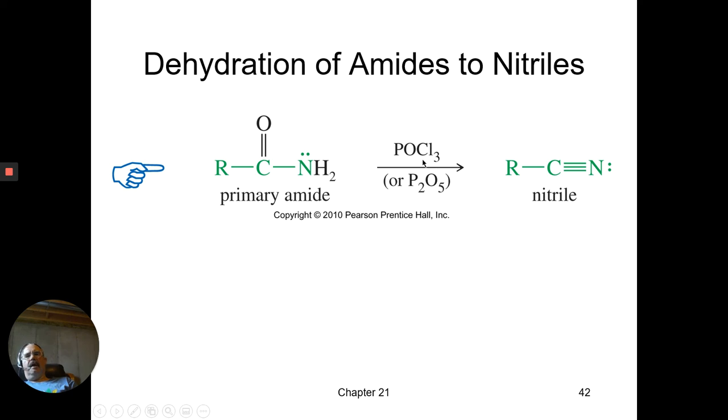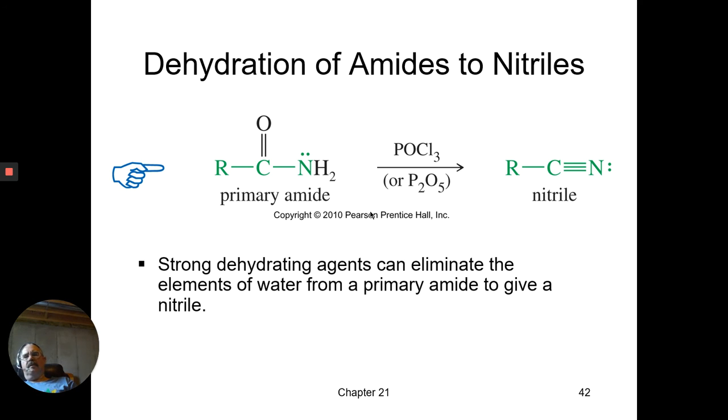Phosphorus oxychloride would produce phosphoric acid and 3 equivalents of hydrochloric acid. Diphosphorus pentoxide would form 2 molecules of phosphoric acid. These are both really strong dehydrating agents.